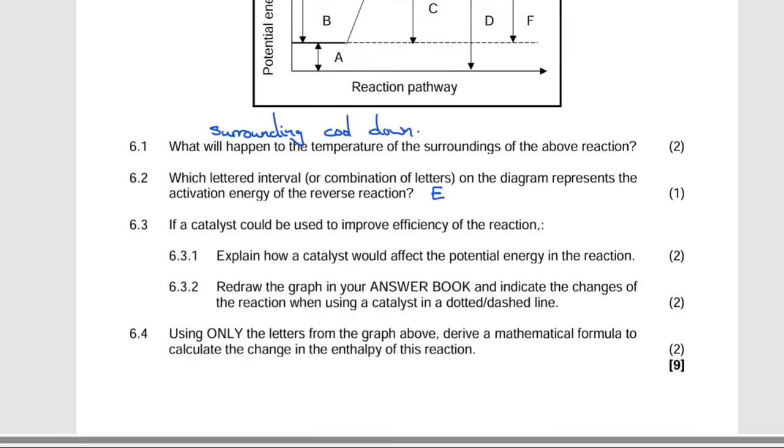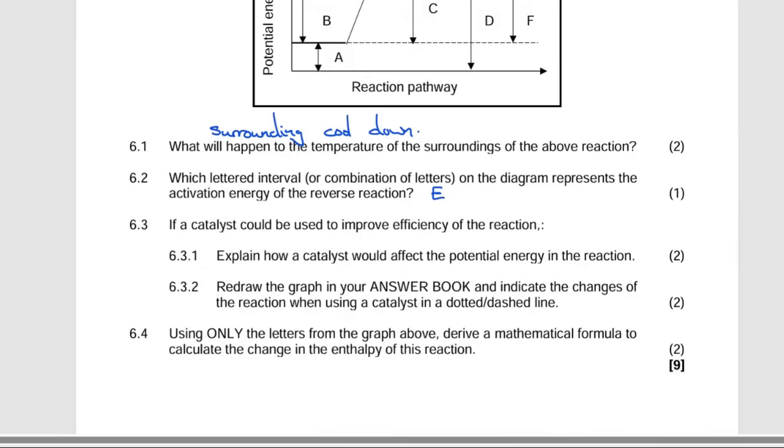Then proceeding to 6.3, it says if a catalyst could be used to improve efficiency of this reaction, explain how a catalyst would affect the potential energy in this reaction. A catalyst is a substance that speeds up the rate of reaction.